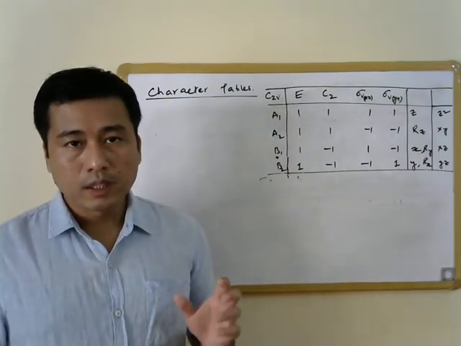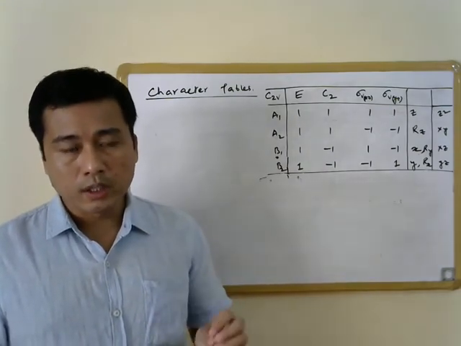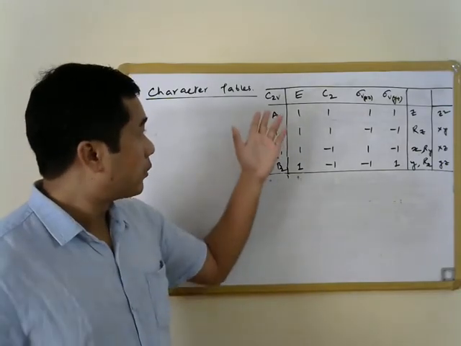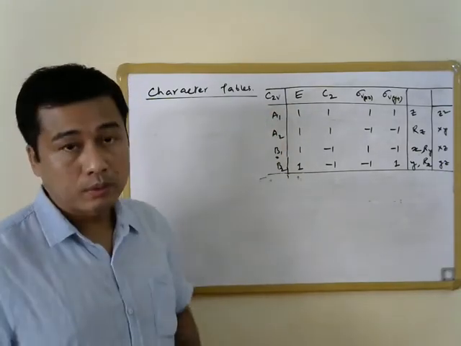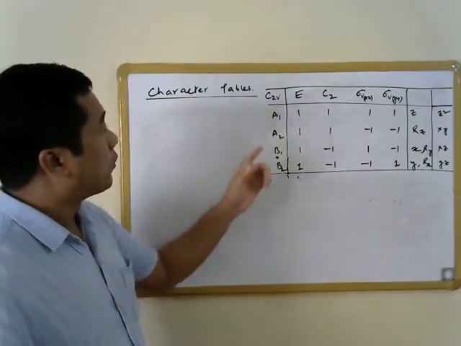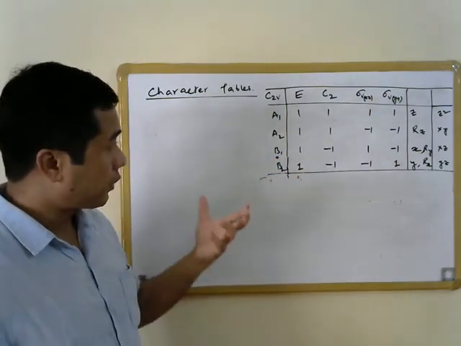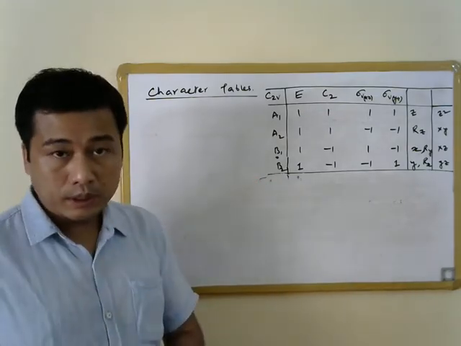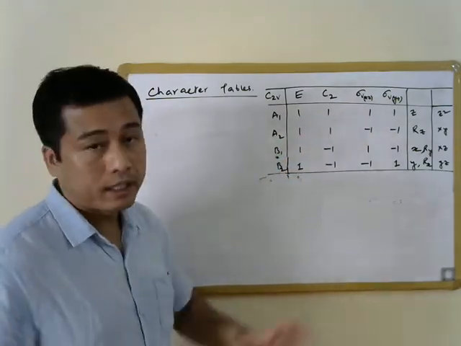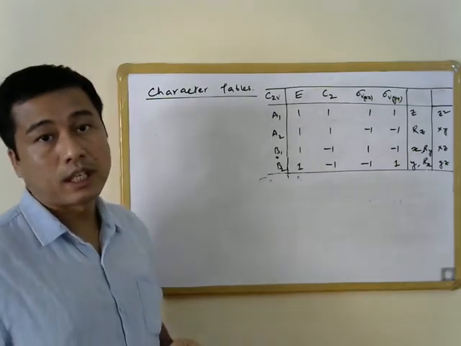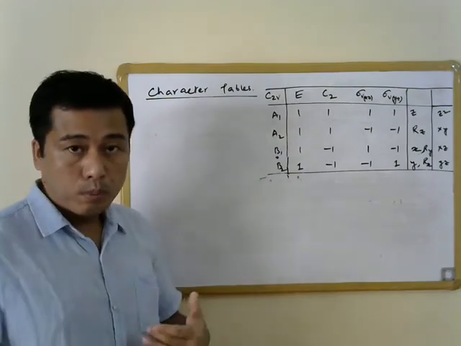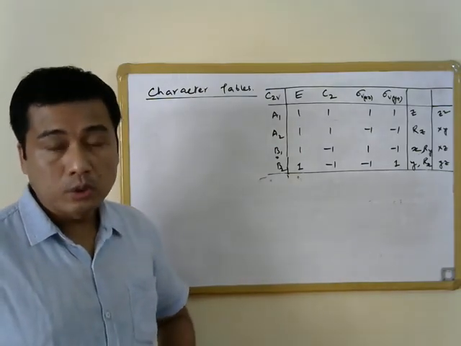On the top left-hand corner, we write the point group symbol for that particular point group, and then on the top we write the symmetry operations class-wise. So we club the symmetry operations in the same class and then write them. Not all the symmetry operations are written here.